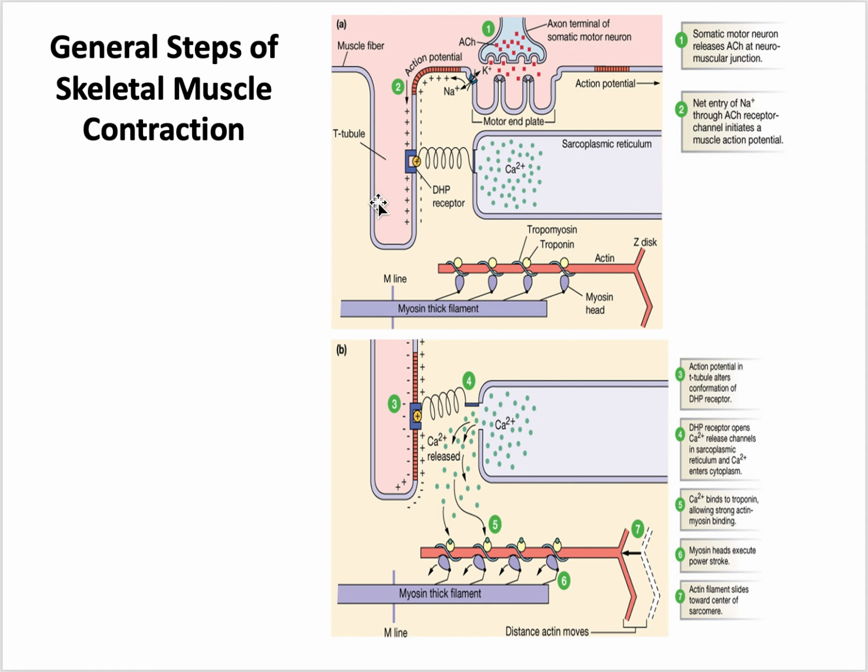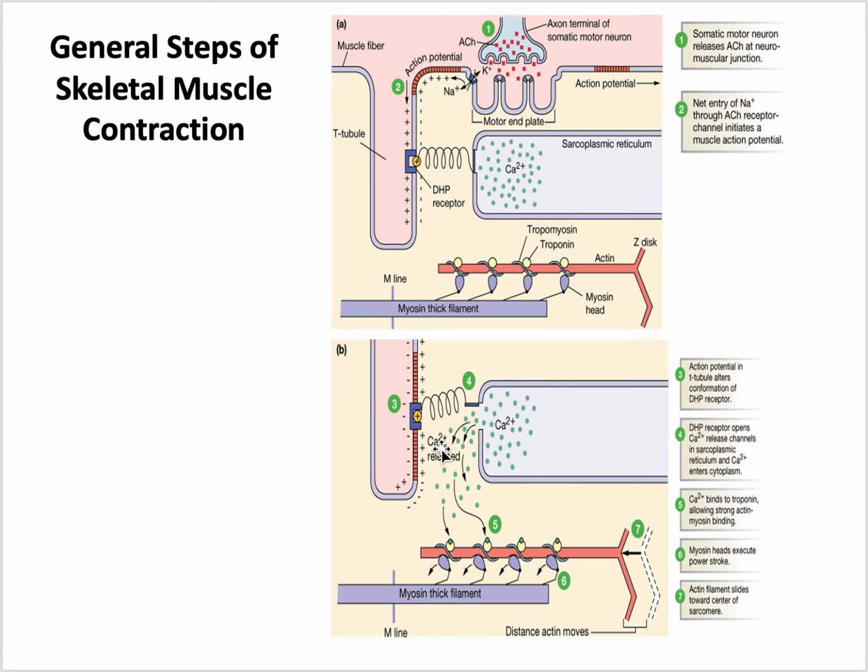So when that action potential comes down the T-tubules, it's going to affect these DHP receptors, causing these calcium channels to open, and there's way more calcium stored in the sarcoplasmic reticulum than what is present in the cytoplasm of the skeletal muscle cell. So when there's an action potential, these calcium channels get opened, and calcium is just going to flood out into the cytoplasm of that skeletal muscle cell.